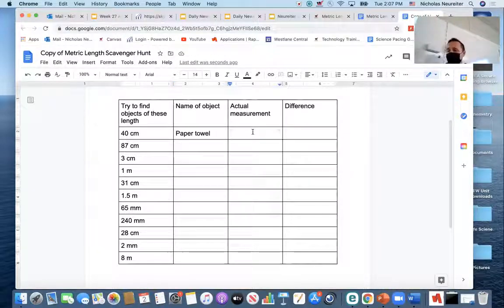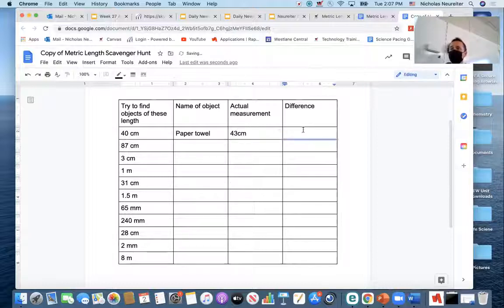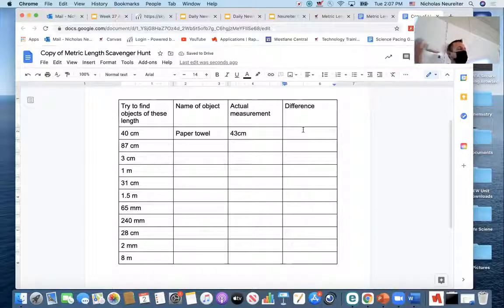And let's say I measured it and it was 43 centimeters. And then my difference, you just subtract 43 minus 40, and that means I was off by 3, okay? Now, you don't have to put like you were 3 over or 3 below. It's just how far off were you either way. So whatever numbers you have, just subtract the smaller one from the bigger one, and then that's your difference.